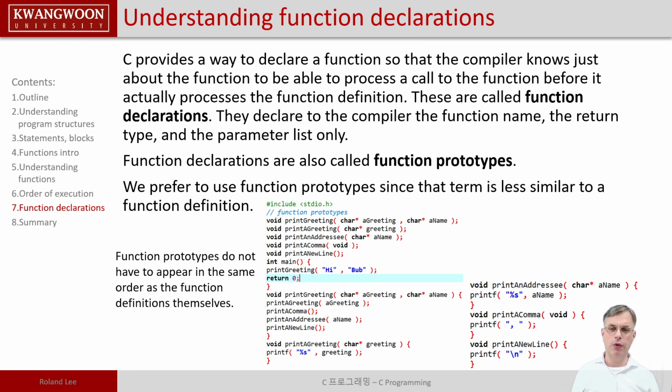Main is called first, so its function definition is at the top. Those that are called later appear later in the file. Print a new line is called last, and so shows up as the last function defined in the source file.